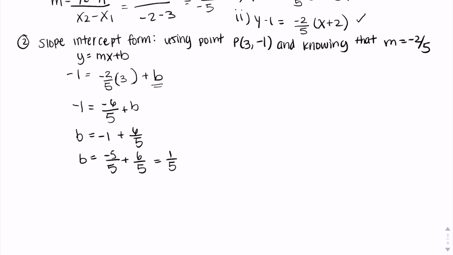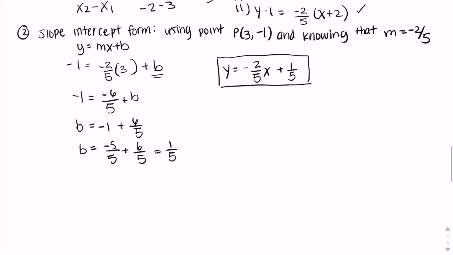So then this is your y-intercept, b equals 1 over 5. And you can rewrite the whole equation as y equals negative 2 over 5x plus 1 over 5. So that's how you write it in the slope-intercept form.